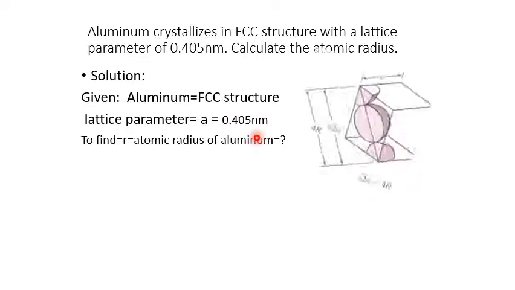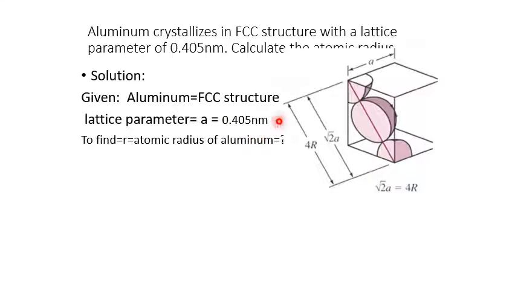How exactly is the FCC visible now? As I already said, this is the direction in which there is close packing. So this is A, this is A. A square plus A square will be equal to 4R whole square.